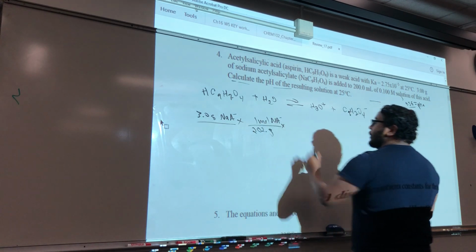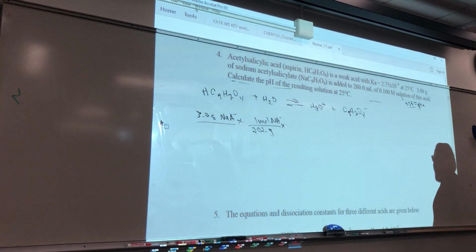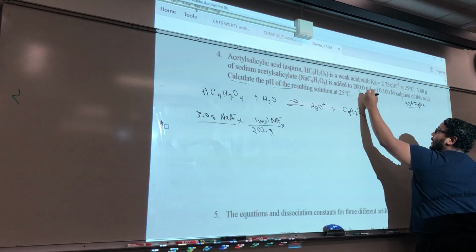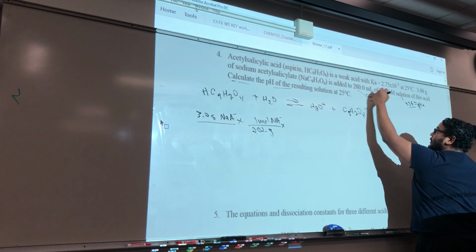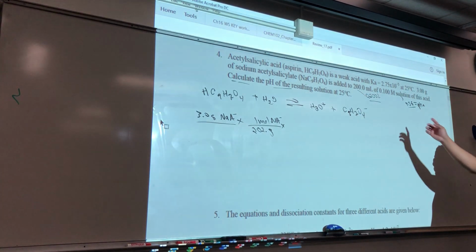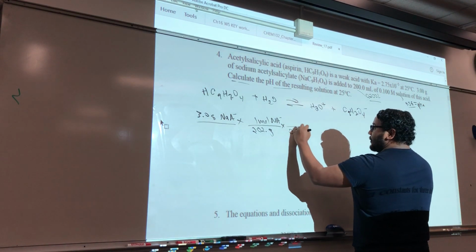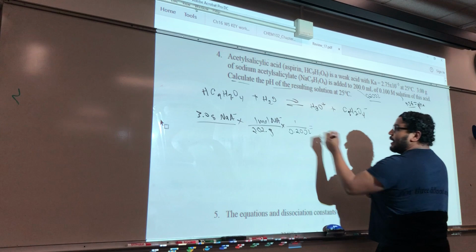So we have our mole amount, and they told us we were adding this to 200 mL of a substance, right? We can't use mL, we're going to use molarity, so that's 0.200 liters. Because we have moles, if we divide by 0.200 liters, we'll have molarity.